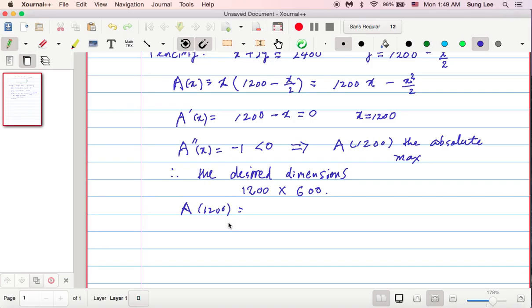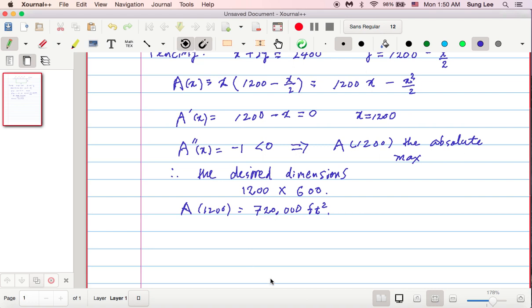And that's going to be 720,000 square feet. Okay, but actually this is the required answer.